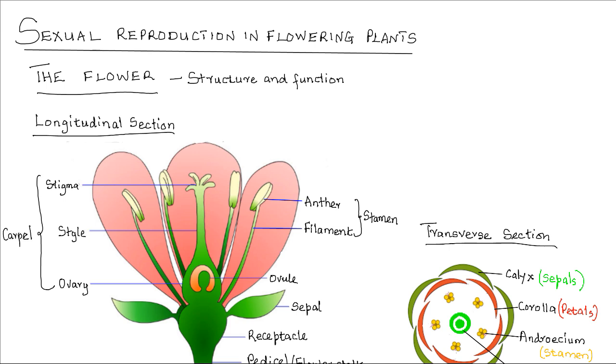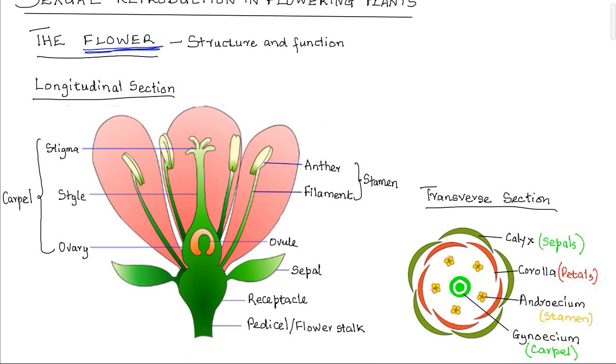These structures, that is, the seeds and the fruits, nourish and protect the embryo, and also aid in its dispersal. The organ used for sexual reproduction in flowering plants is the flower. So, in this section, we look at the structure of the flower and its function.